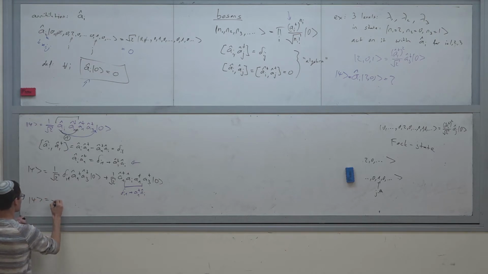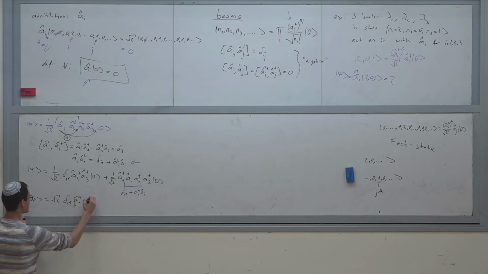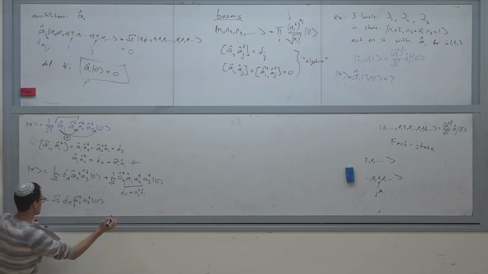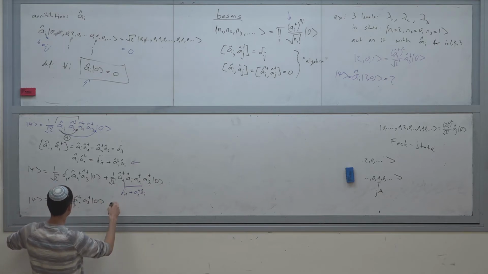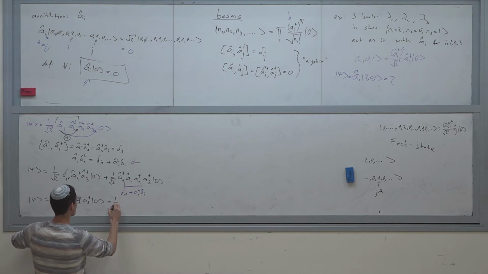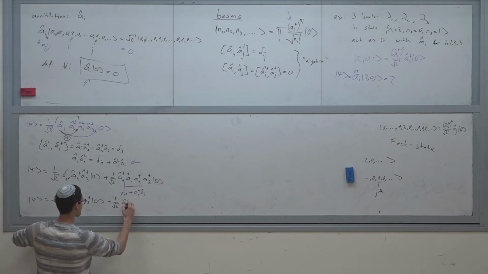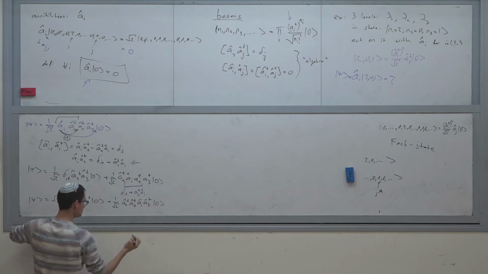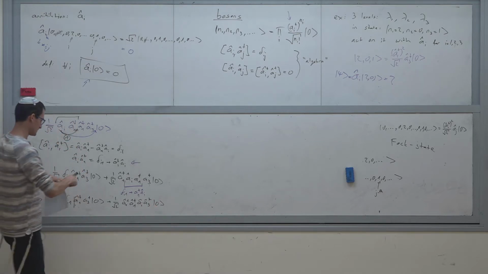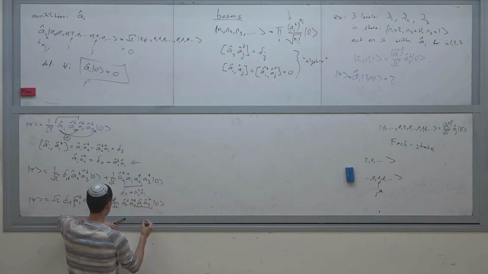Psi is equal to square root 2 delta I1 A1 dagger A3 dagger 0. That's the 2 terms that we had that have a delta. And then there's one more, 1 over square root 2 A1 dagger and another A1 dagger AI and A3 dagger. Okay, almost there. Same trick again.